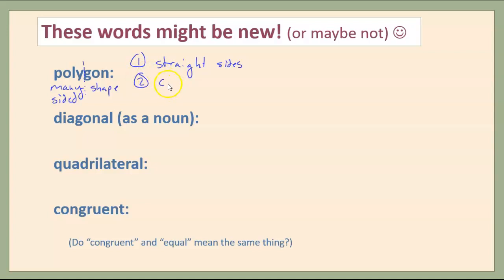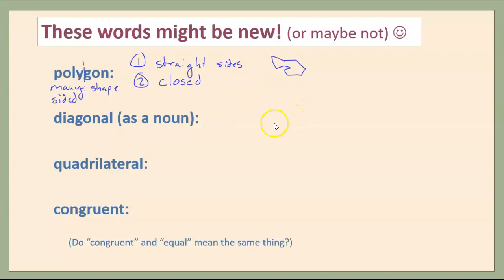And closed is actually our second criteria here. Closed means that if we draw straight lines, they don't have to be regular polygons, but no matter how many lines we draw, eventually they're going to meet again. And they're not going to cross over each other. So this is our geometric official definition, at least as far as this class is concerned, for a polygon. It has straight sides, at least 3 straight sides, and it is closed.